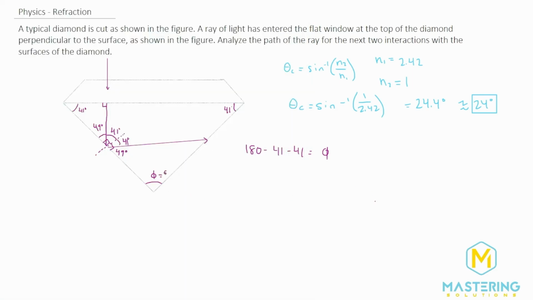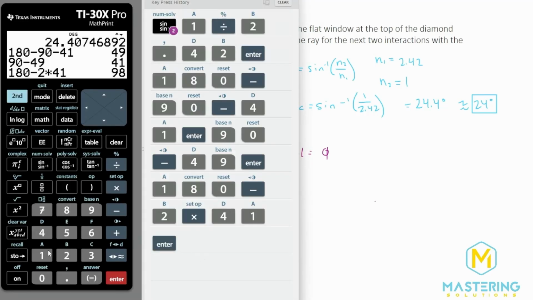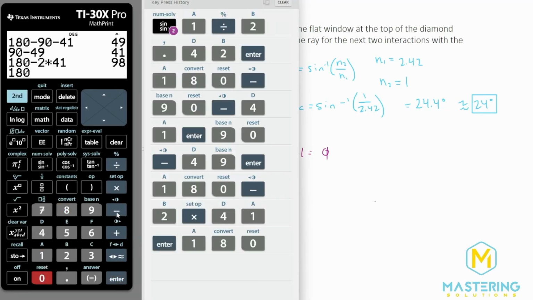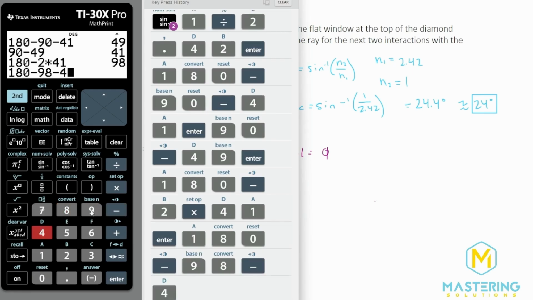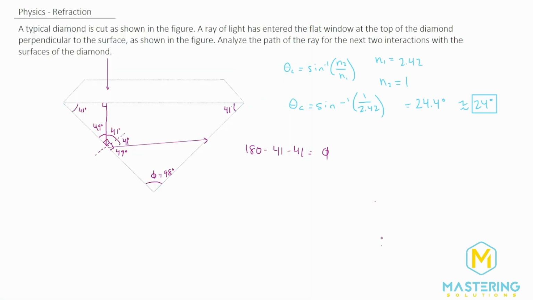So this down here is 98. And now we can use that and this to solve for this one. So 180 degrees minus 98 minus 49. So that angle is going to be 33 degrees.